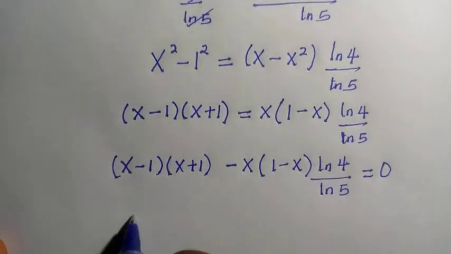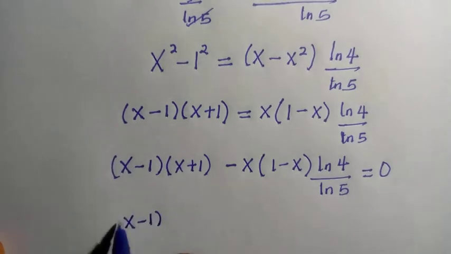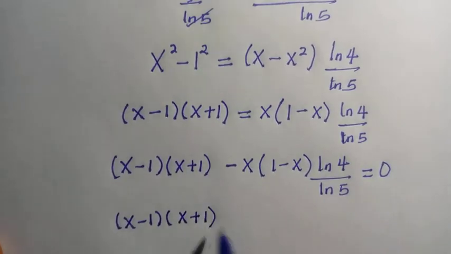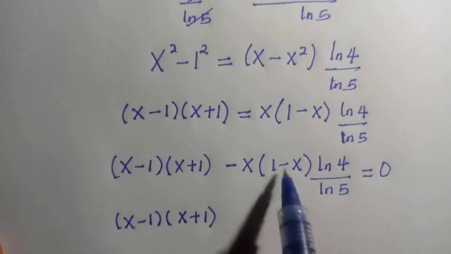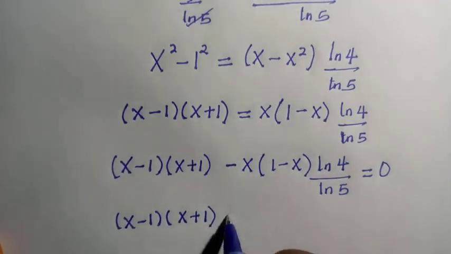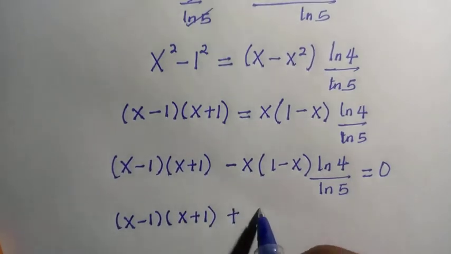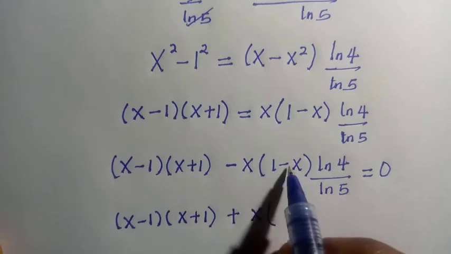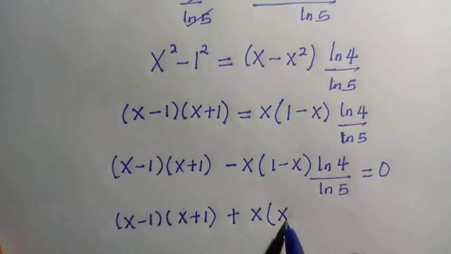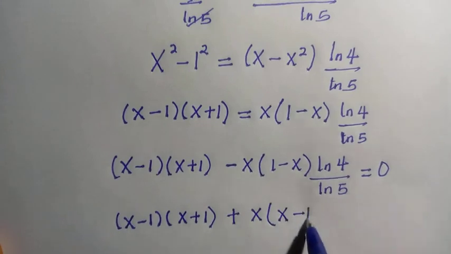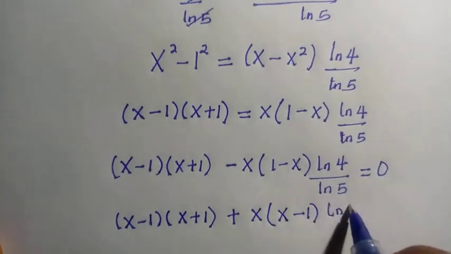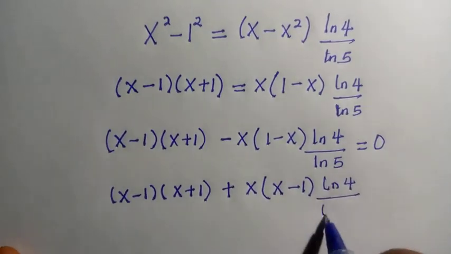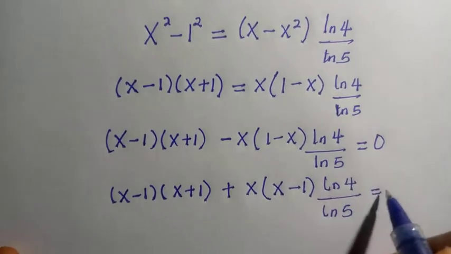So here we have x minus 1, open bracket, x plus 1. Now, let's take this negative inside. By taking the negative inside, we change this to plus, then here is x, then this becomes minus 1. Then here is ln 4 divided by ln 5, everything equals 0.